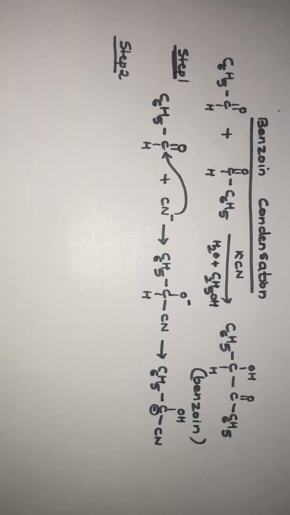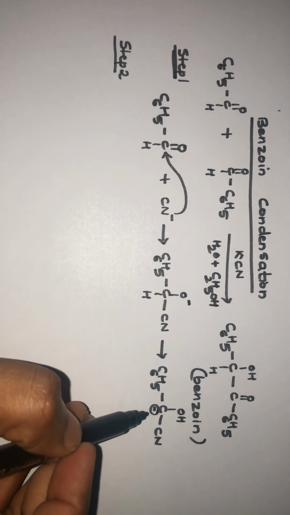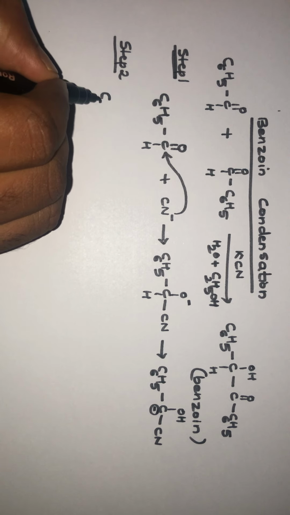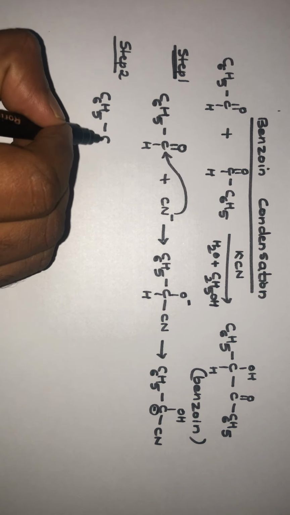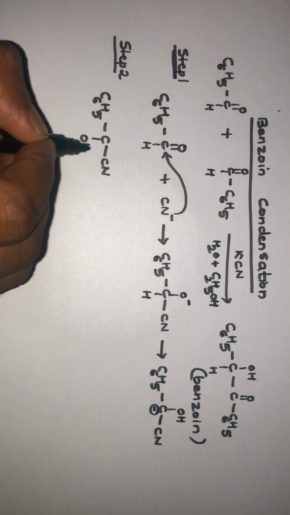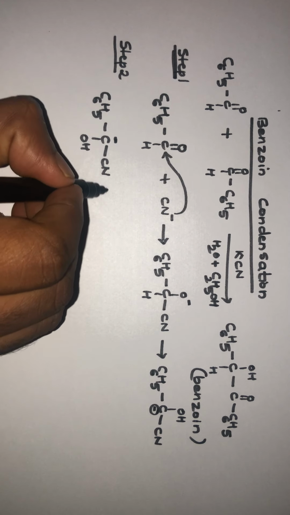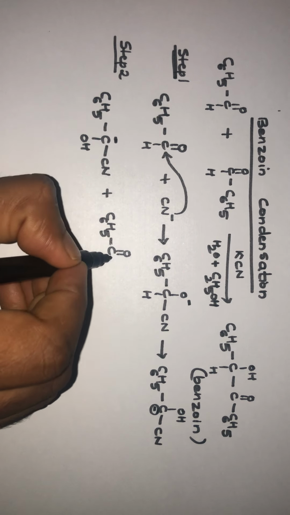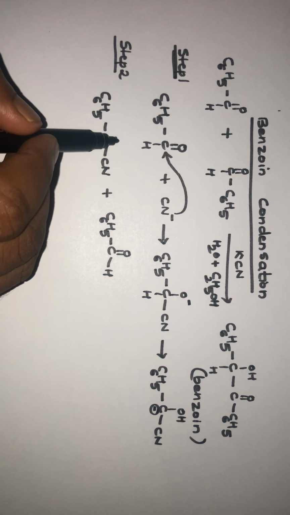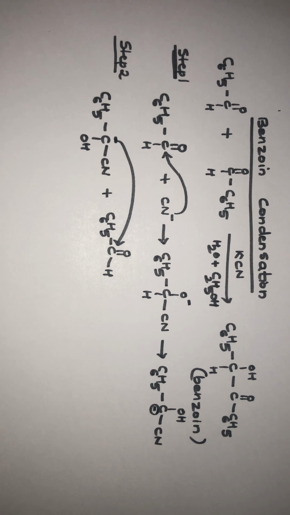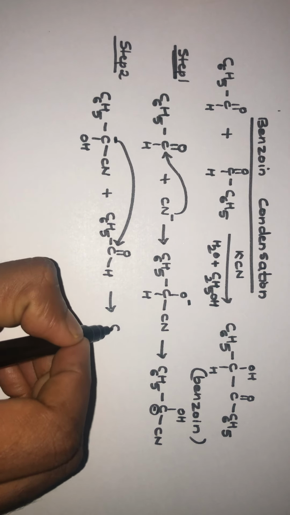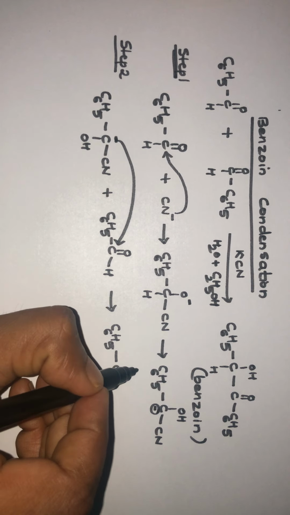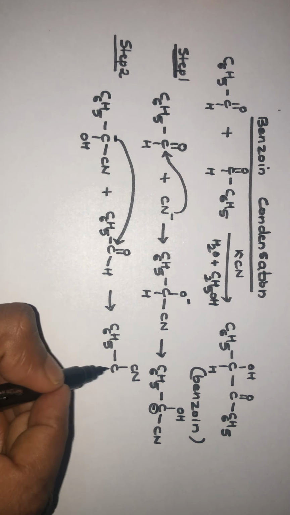Now step 2. This carbanion attacks the second molecule of benzaldehyde, that is C6H5 C double bond O H. We have C6H5, C, with a cyanide here, and then we have OH here.